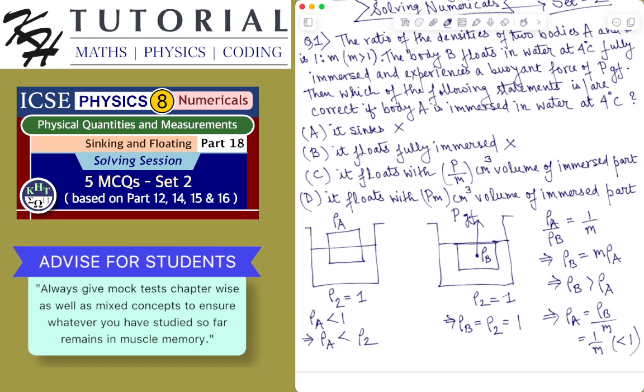Now choice C is saying it floats with P by M centimeter cube volume of immersed part. Let's see.